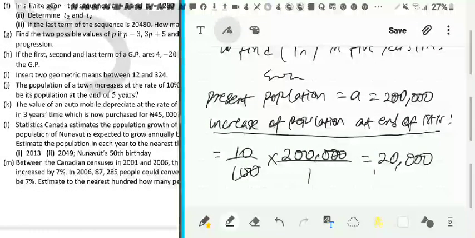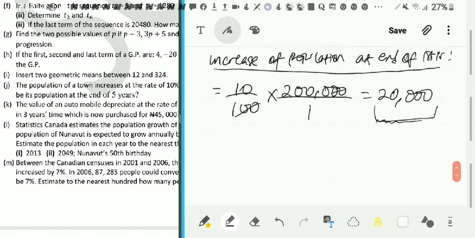So 20,000 more people would have been added. I don't know how they calculate their annual increase, maybe birth rate plus immigration, but the total number of new people added to the town is 20,000, which is 10% of 200,000.